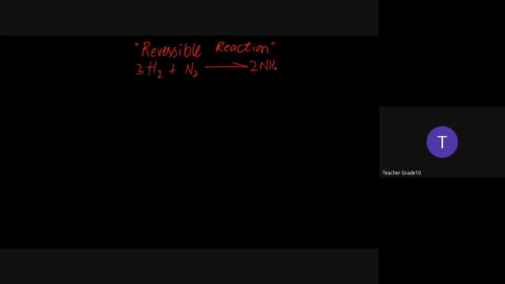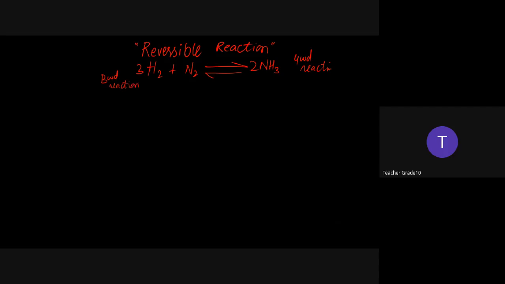This is the forward reaction. Then this ammonia will break down and form the reactants again. This is the backward reaction. So we have two types of reactions in this kind of reaction.